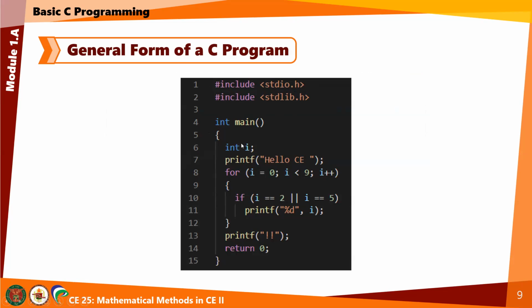Okay? Yan, hello CE. Next, what I will do is I run a for loop. So this for loop runs from 0 and it will do the for loop as long as i is less than 9, and for every iteration of the loop, I will add 1 to i.